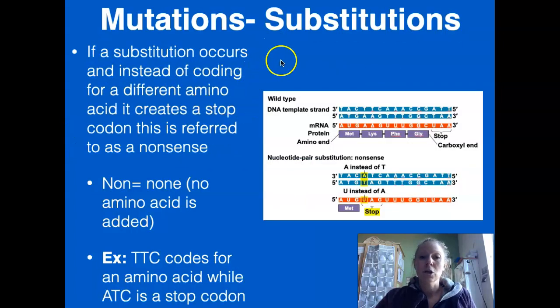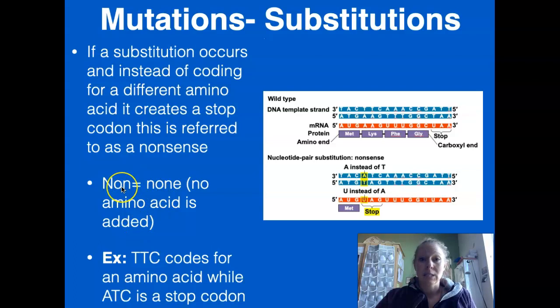If a substitution occurs, and instead of coding for a different amino acid, it creates a stop codon, so remember that there are no amino acids for stop codons, I like to remember this as, it's called a nonsense. And so non or none reminds me that there is no amino acid added.